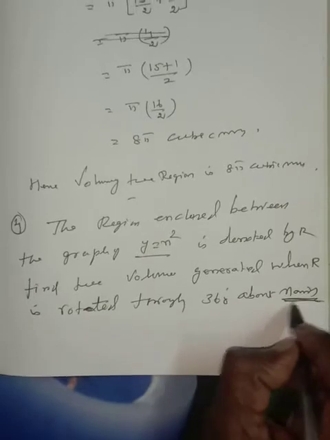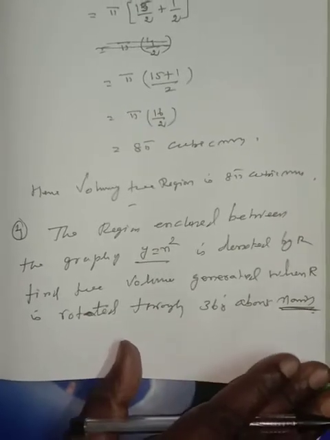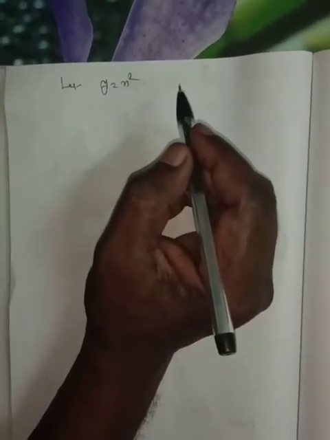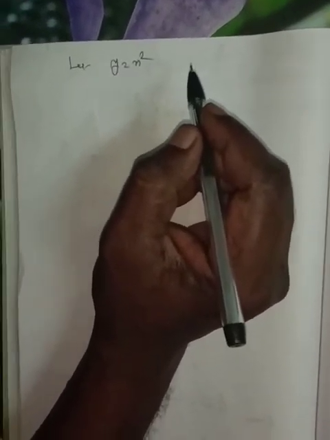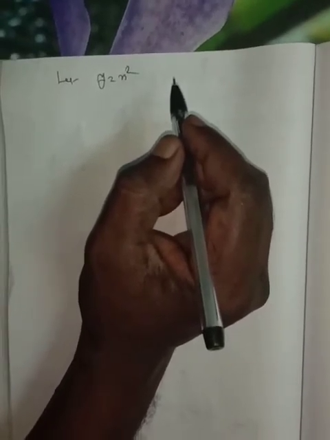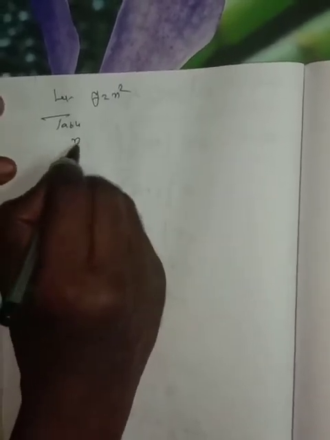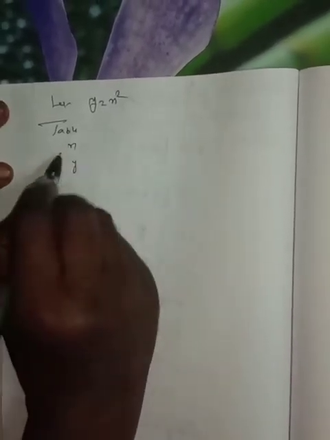So, rotating about the x-axis. Let y is equal to x square. Table: x, y.